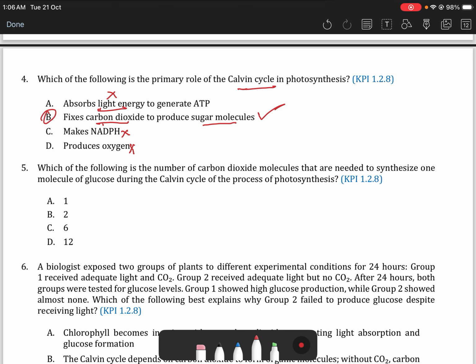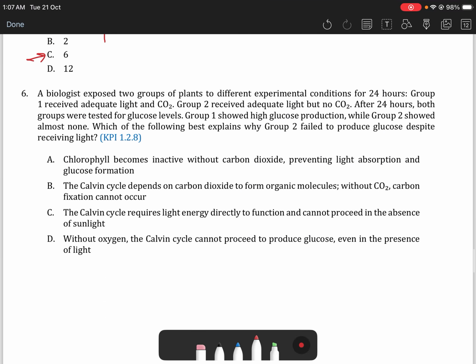Which of the following is the number of carbon dioxide molecules? We know that the carbon dioxide molecules are 6, right? That you need minimum to produce glucose. So 6 carbon dioxide are used to produce 1 glucose molecule. A biologist exposed 2 groups of plants to an experiment for 24 hours.